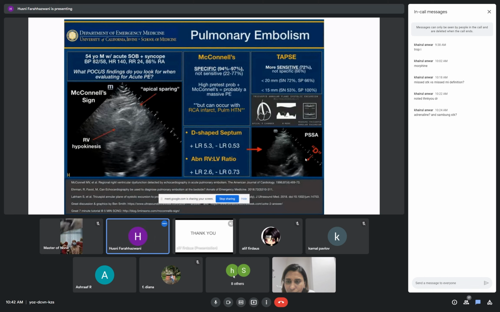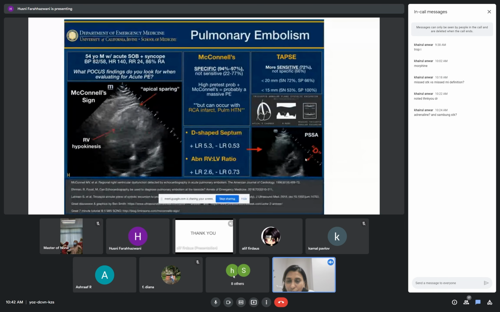The right side. Your pulmonary artery, remember? It is connected to your lung through the right side of the heart. When there's increased pressure in your lung, it will cause a backward pressure transmitted into the right side of the heart.